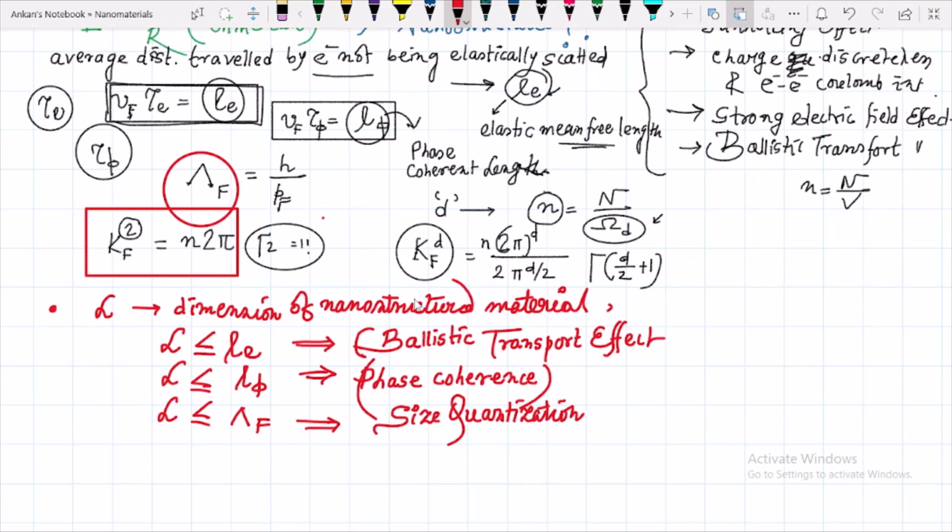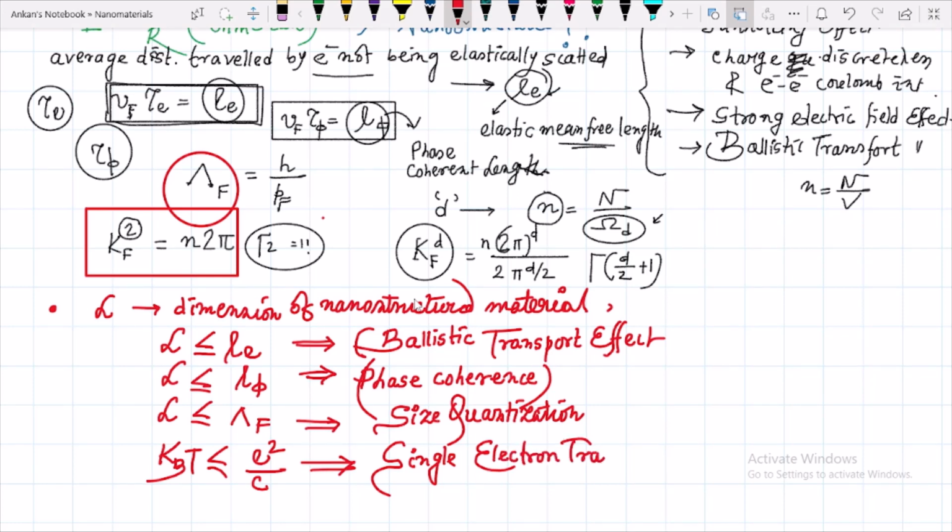And lastly, if the thermal energy corresponding to the temperature T is less than e squared by C, then it is the condition for the single electron transistor, in which the transportation of only one electron is involved.